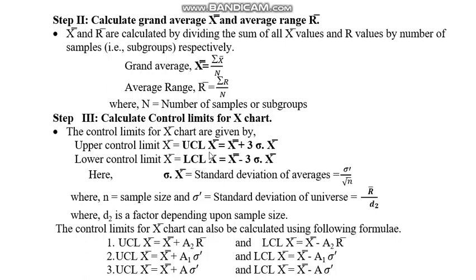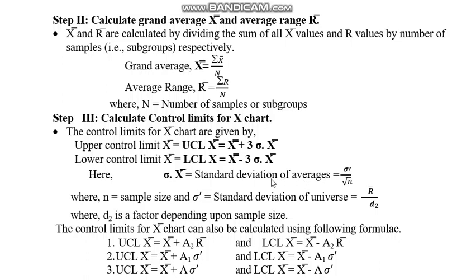Now UCL of X bar will be X double bar plus 3 sigma X bar, and lower control limit will be the same, only instead of plus we are using minus: X double bar minus 3 sigma X bar, where sigma X bar is the standard deviation of averages.